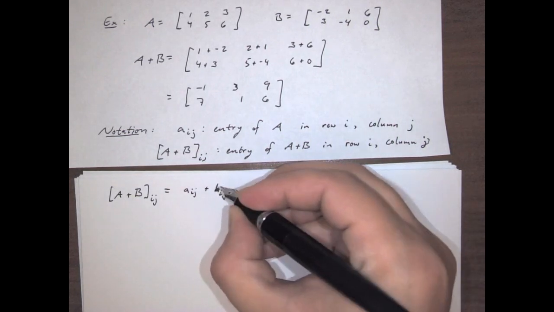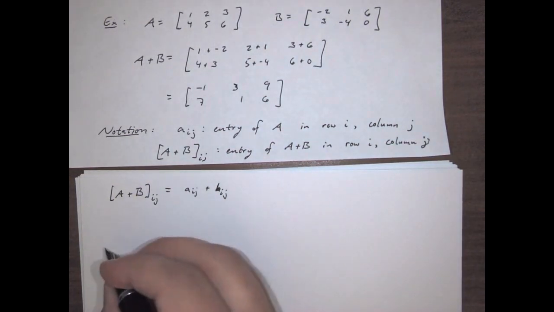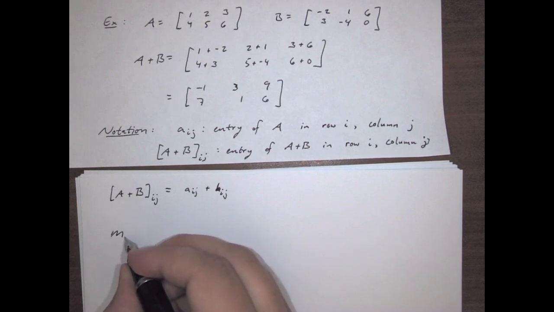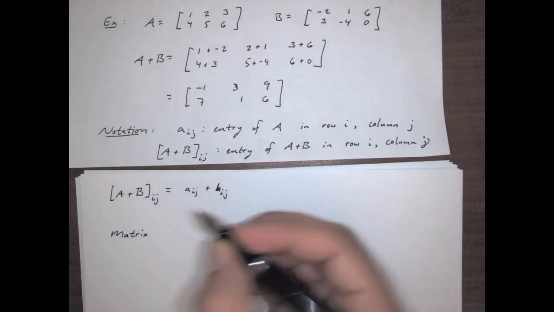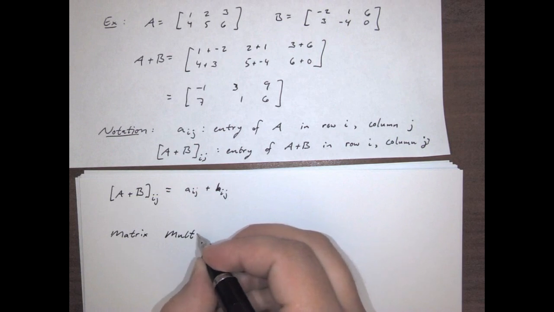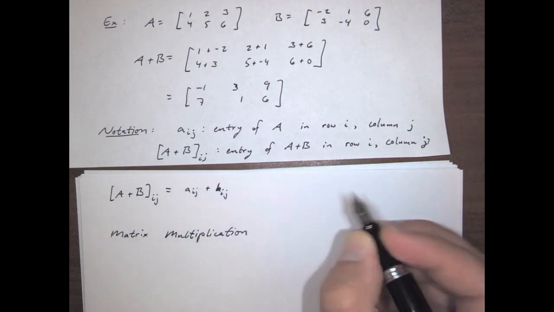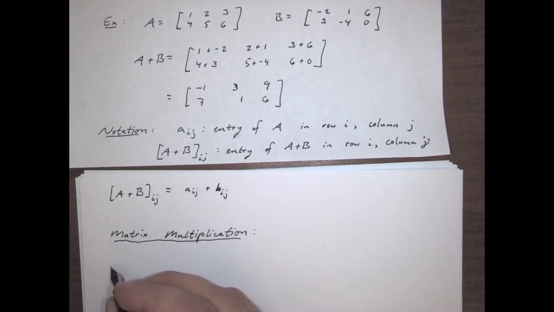Okay, now for matrix multiplication, what we want to do is first describe when we can and can't do it, and then describe how we would do it when we can. Matrix multiplication. So first off, the setup.